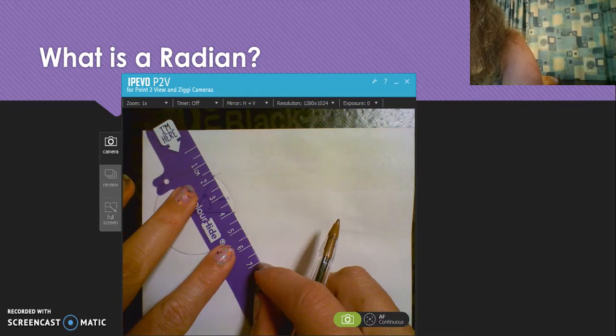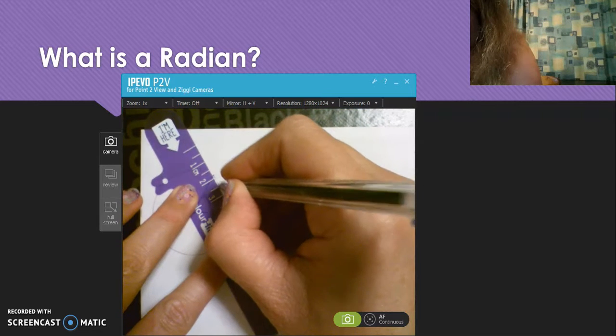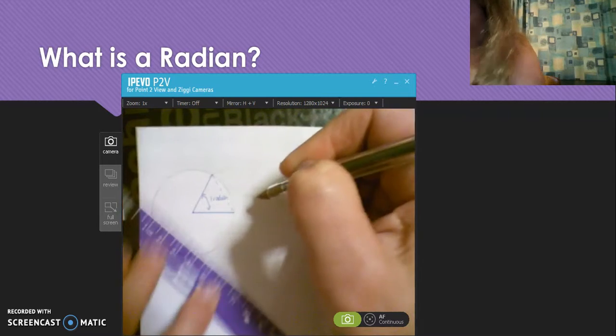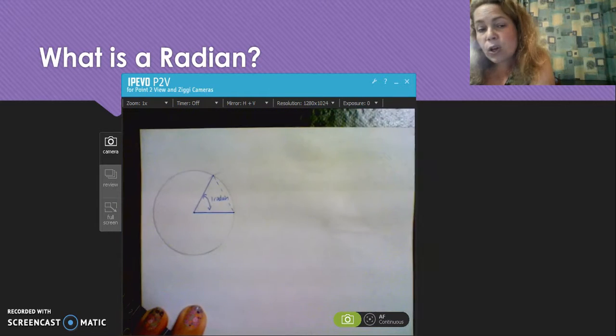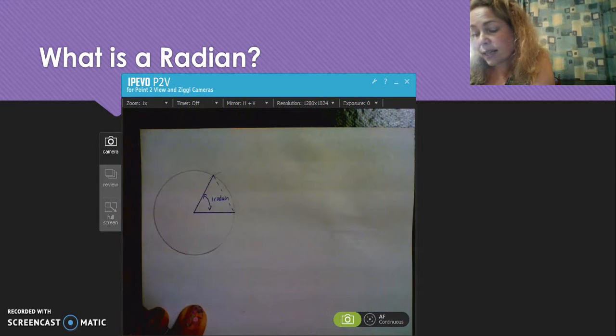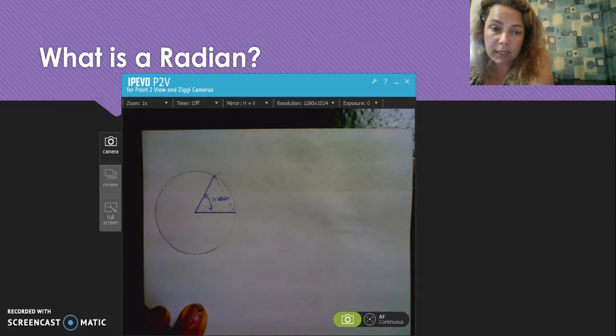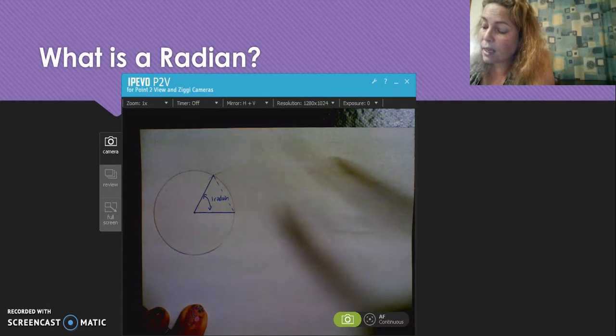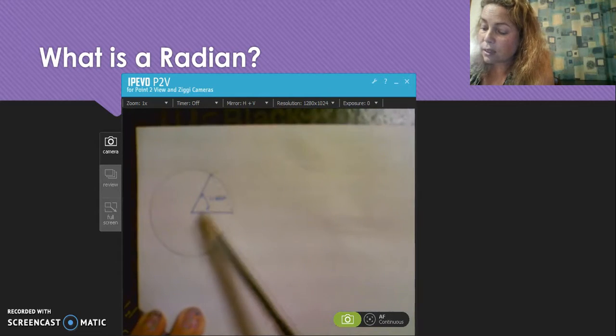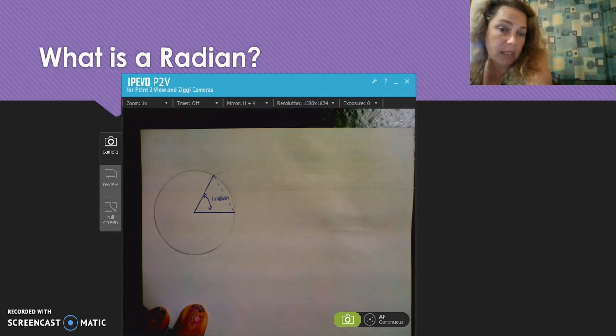The first and the most simple way is to join the dots there, and I now have an equilateral triangle which has a side length of whatever my radius is. So we know that in an equilateral triangle each angle is equal, so that must be 60 degrees because we have 180 degrees in a triangle.